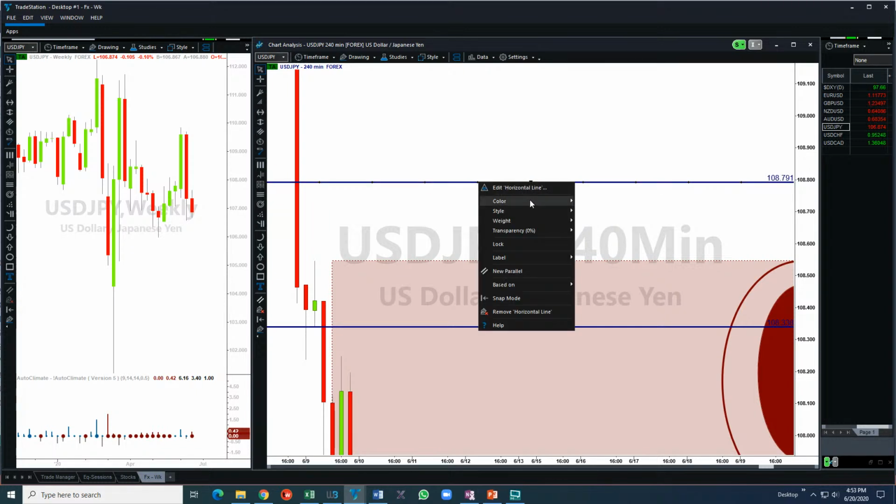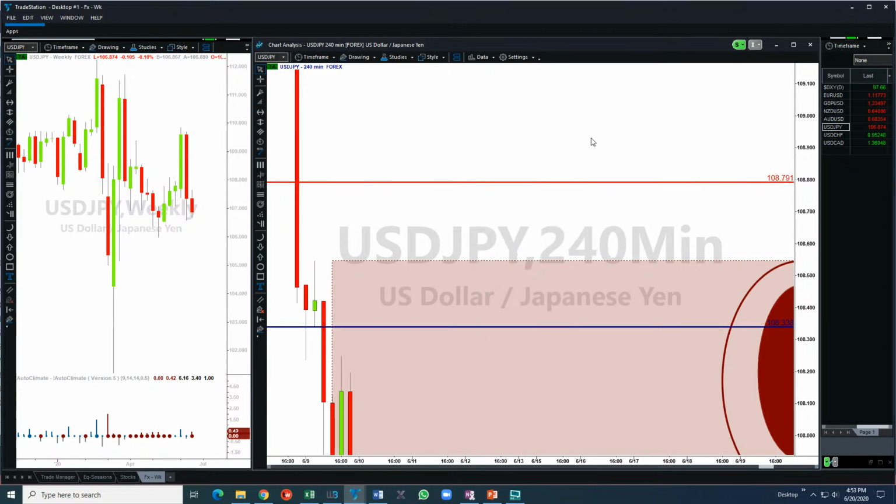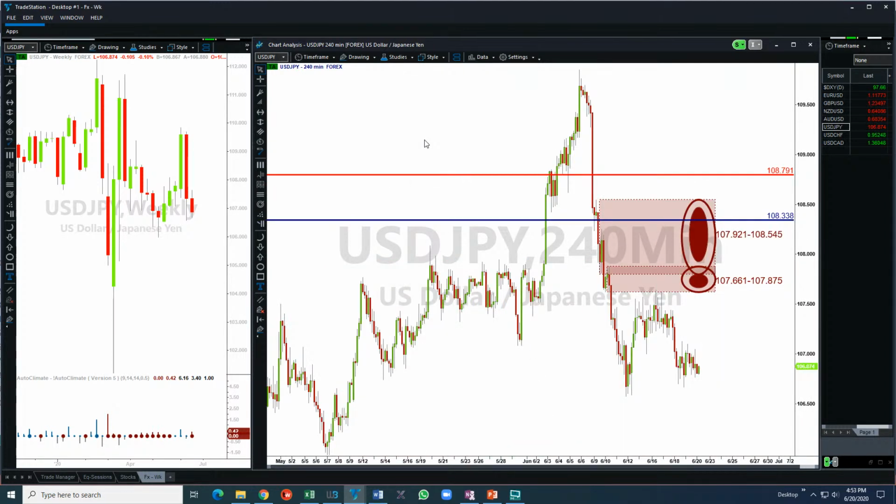The bigger reason that we don't want all these entries is that they're all positively correlated, or they're all betting on that one direction, right? This is our analysis. Our analysis is telling us that the dollar is likely to go up in the initial part of the week and then reverse during the latter half of the week.